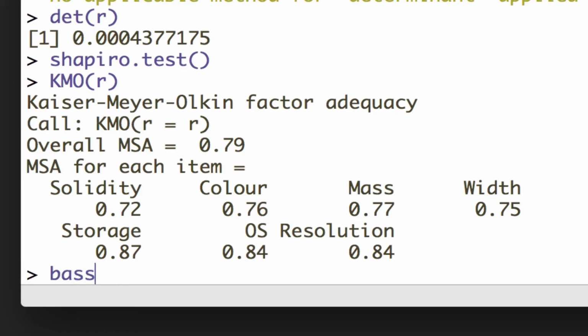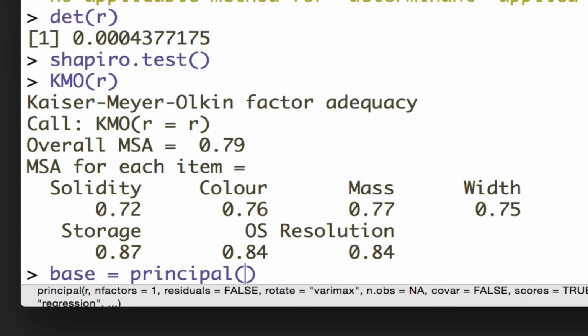So I'm just going to do base equals principal, and I'm going to give it the raw data frame because of calculation of factor scores, which is something we'll talk about later.